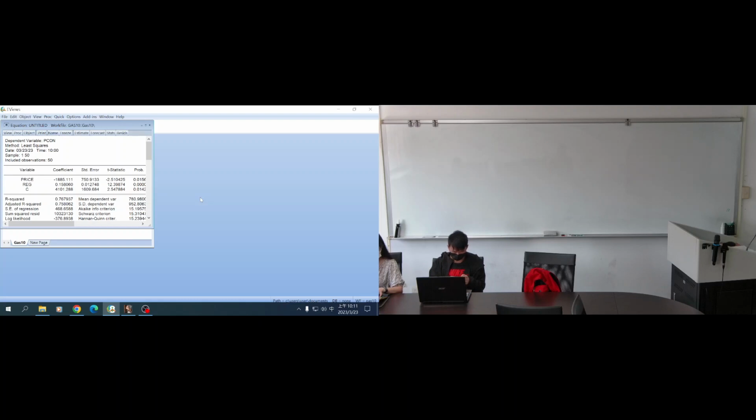The price is the price of gasoline, and REG is the registration of automobiles. We use this model, and this is the estimation using OLS methods.